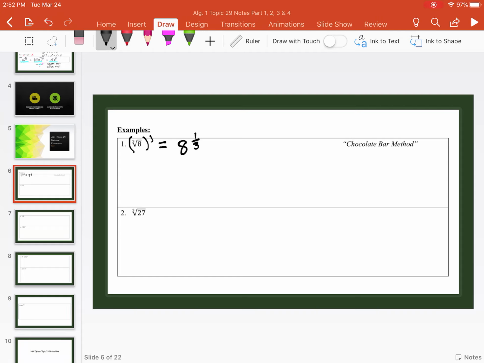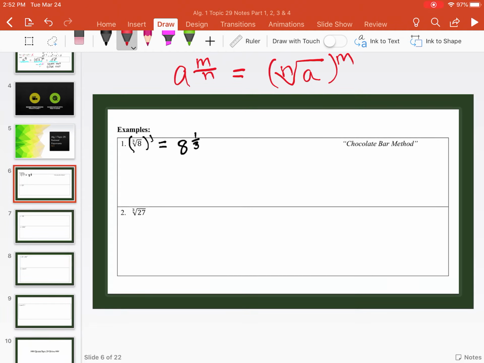And this again is using the rule that we determined in part 1, where a to the m divided by n is the same thing as the nth root of a all raised to the mth power. So this is just applying that rule to this example.